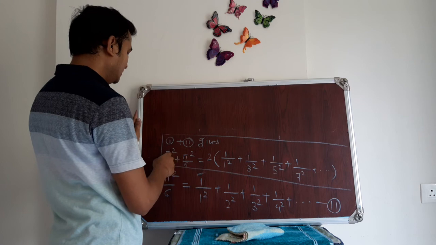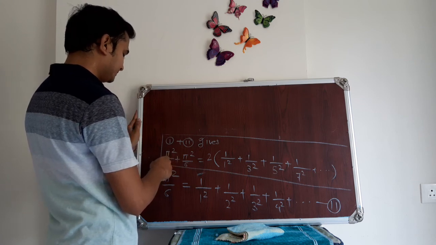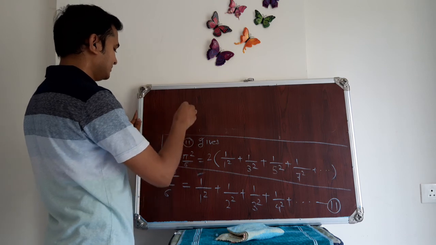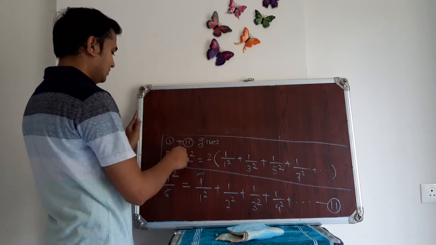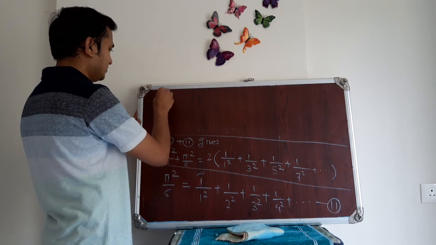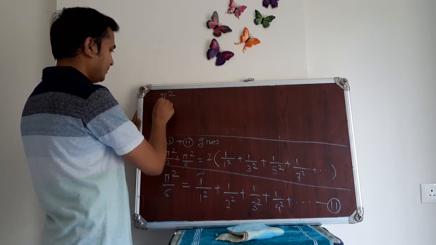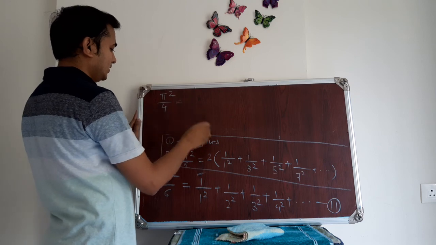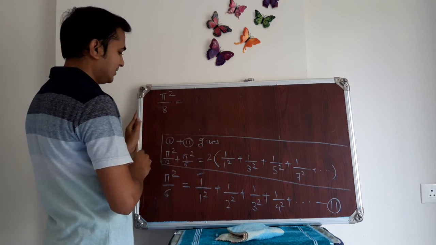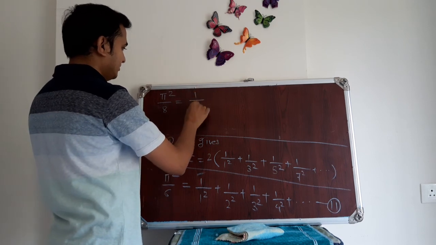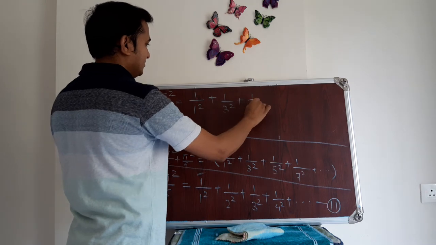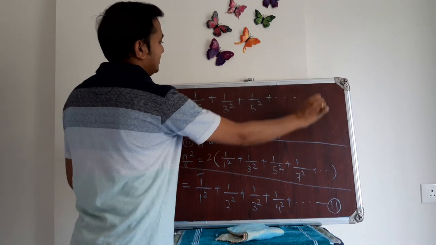So pi square by 12 plus pi square by 6 becomes 2 pi square plus pi square, that is 3 pi square by 12, so pi square by 4 equal to 2 times the series. Bring that 2 here, so it becomes pi square by 8, which is 1 by 1 square plus 1 by 3 square plus 1 by 5 square and so on.